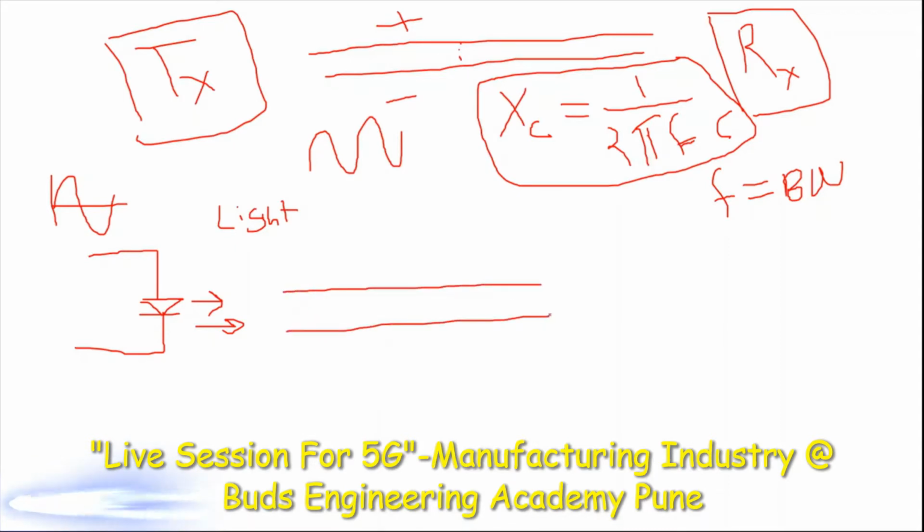Then at the receiver stage, we will again use one diode, and this diode is a photodiode, and then again you will get the electrical signal here.